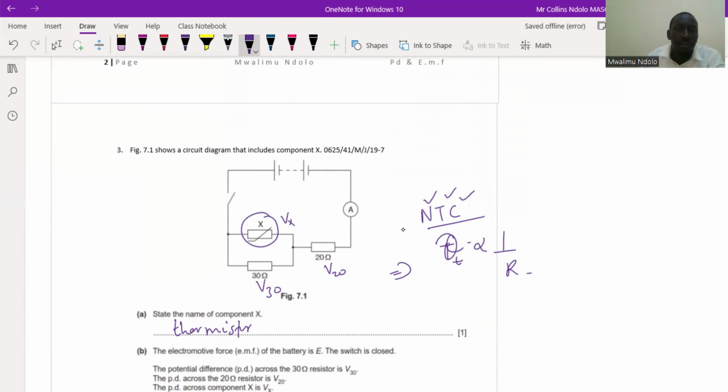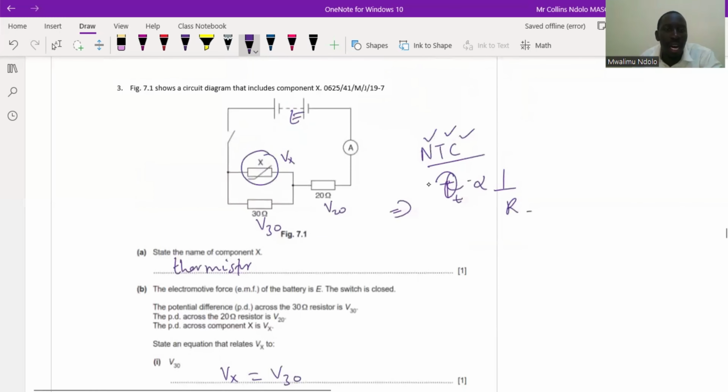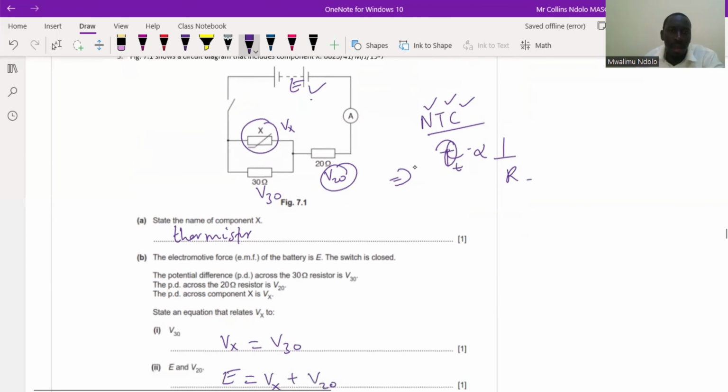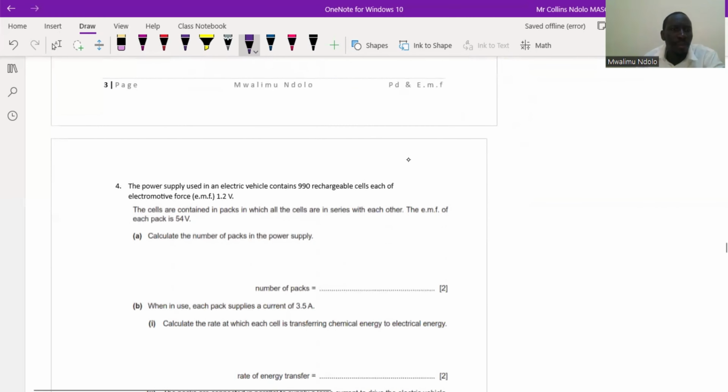That means if we have E here, then E is supposed to be the total, so we'll have E is equal to Vx plus V20, because the PD across X and the 30 ohm is Vx, which if we add it to V20, that should give us the total PD in the circuit, which is the EMF. And that is how we manage that particular part there.